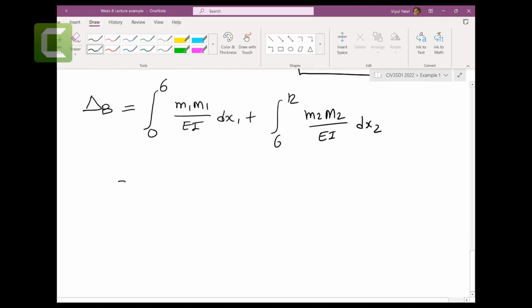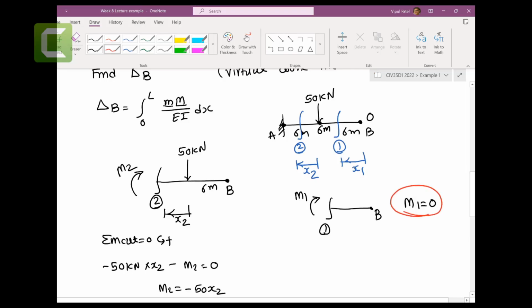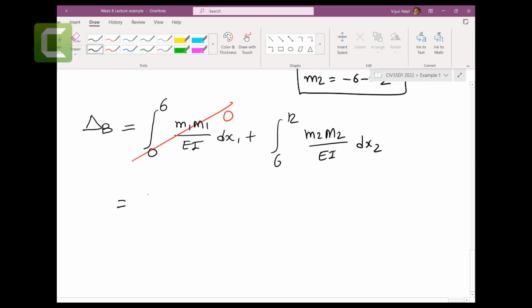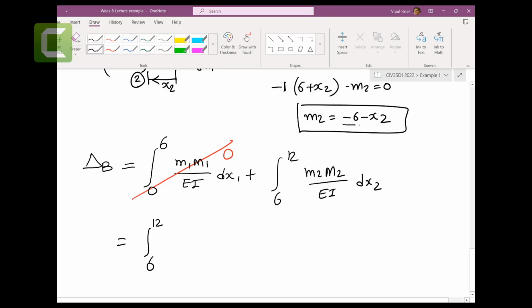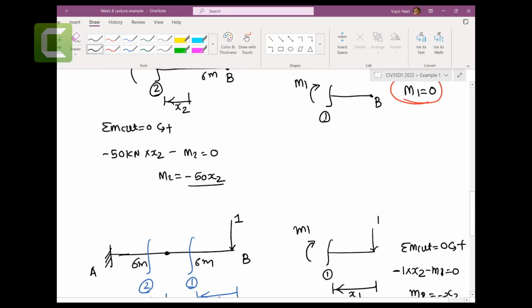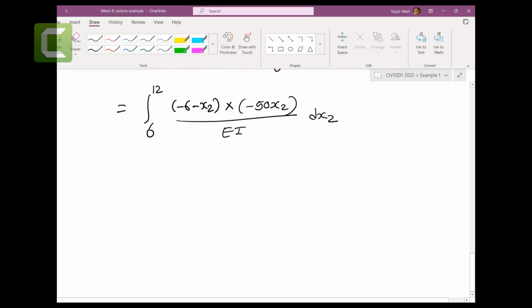So let's plug the values. This will be immediately 0. Why? Because capital M1 is 0. So if you plug capital M1 as 0, you get this 0. So you're dealing with only the second one. So let's say 6 to 12, small m2 is minus 6 minus x2 times capital M2, minus 50 x2, over EI dx2, right?